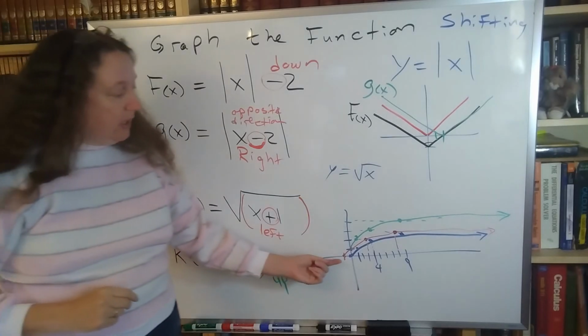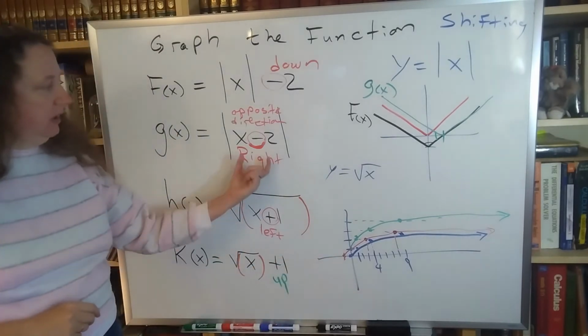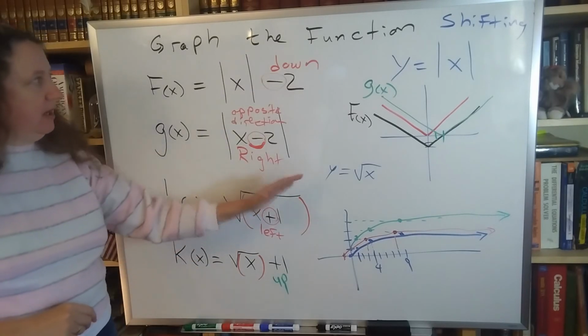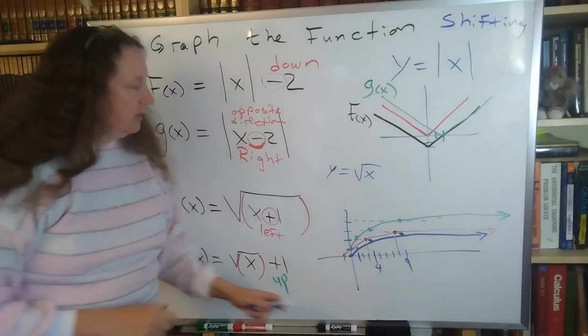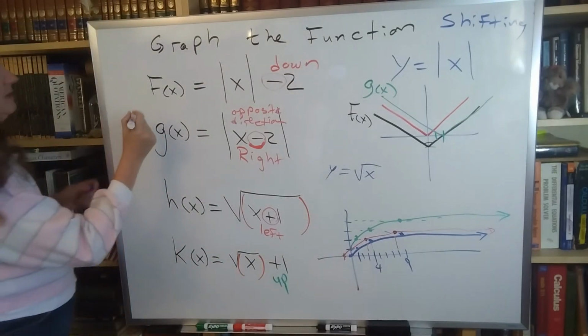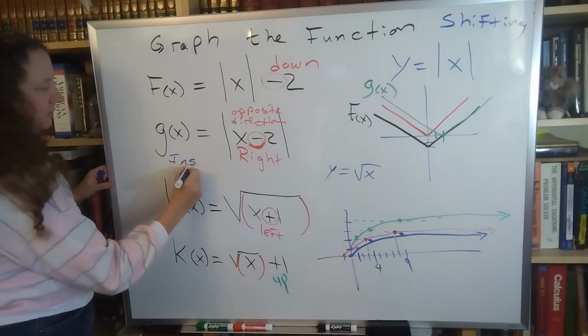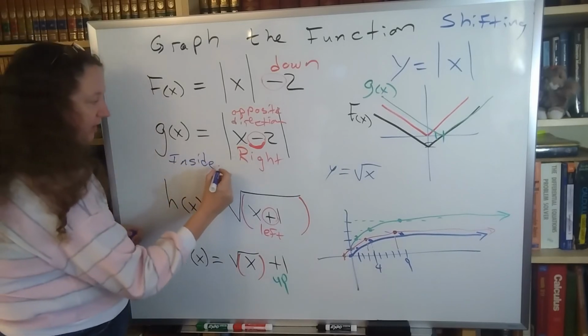So by knowing, is it inside, is it outside? Inside versus outside. You can decide which way to shift your graph. So inside, go the opposite direction of the sign.